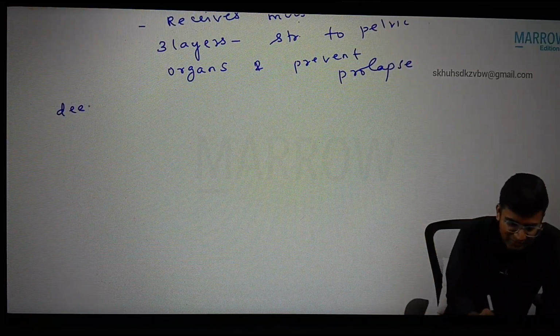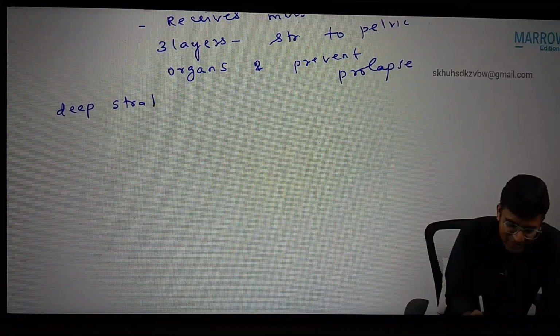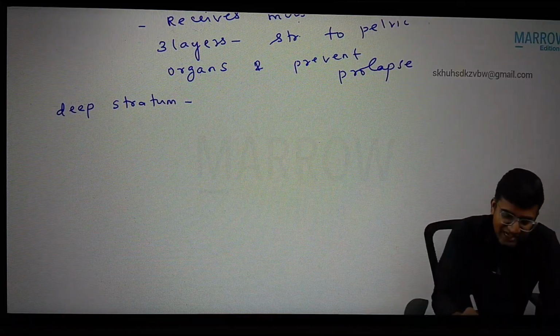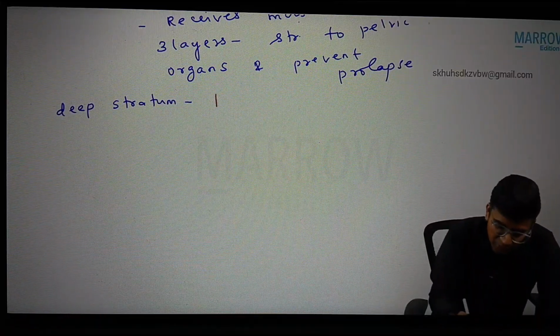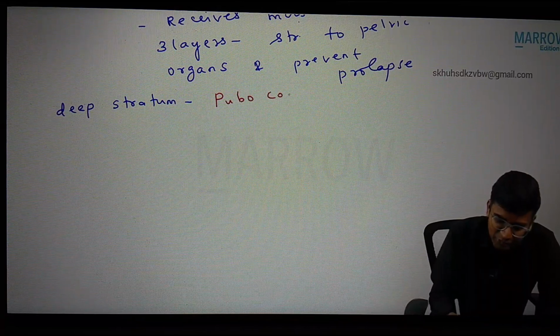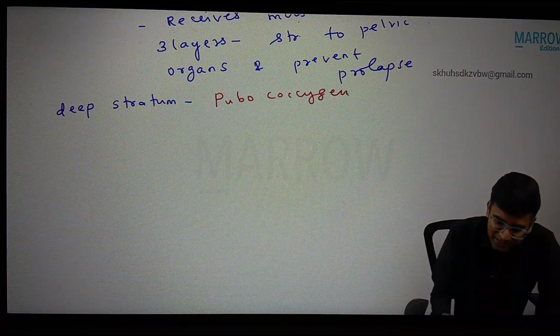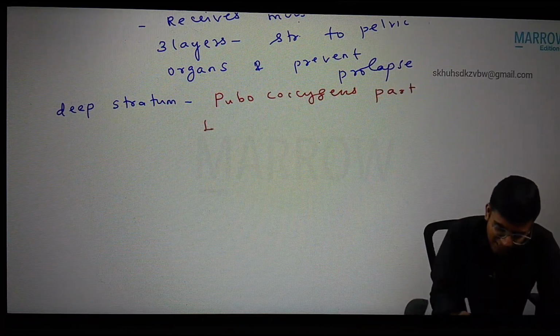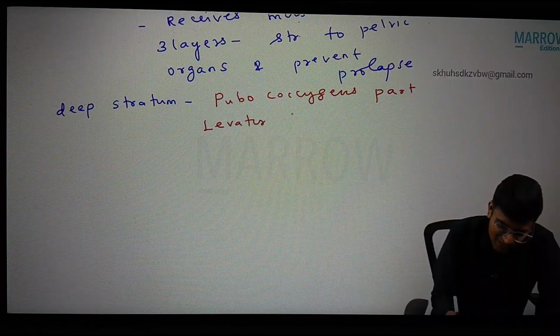Now in the deep stratum, levator ani muscle, the pubococcygeus part of levator ani muscle.